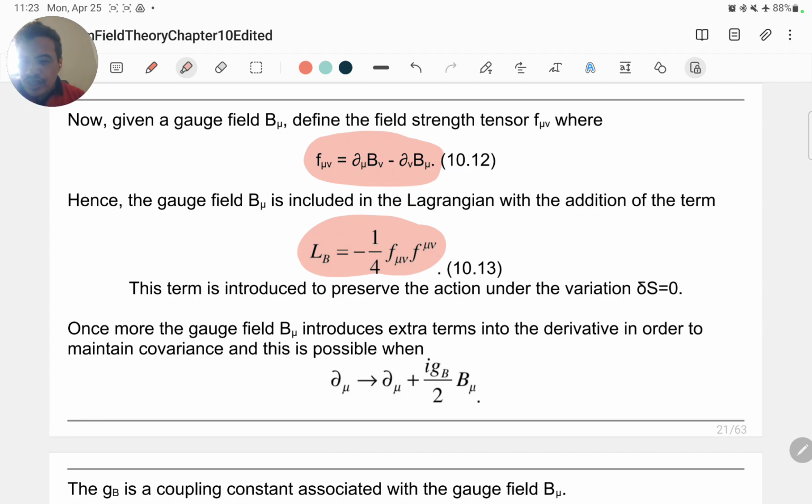Just like in QED, the gauge field B mu introduces extra terms into the derivative in order to maintain covariance. The invariance can only come out if you change the derivative into a covariant derivative by adding this term.